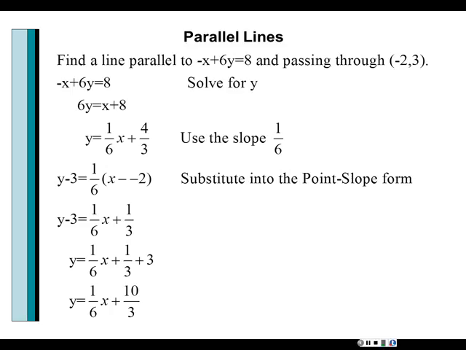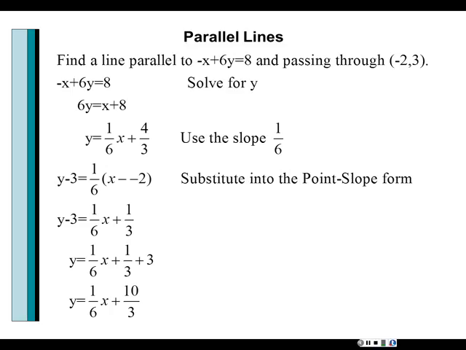What we did is, given the equation, we changed the equation into mx plus b form. Do you see this form? Do you recognize that this is mx plus b form? Look at this, y equal to m, so m is 1 over 6, x plus b, which is 4 over 3.